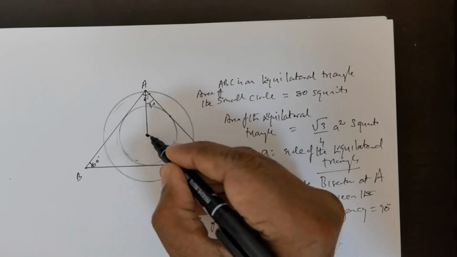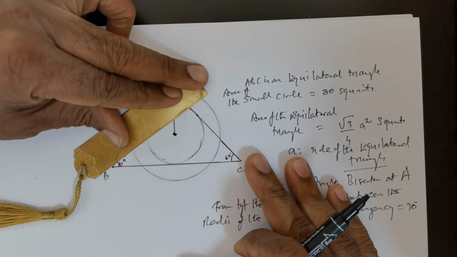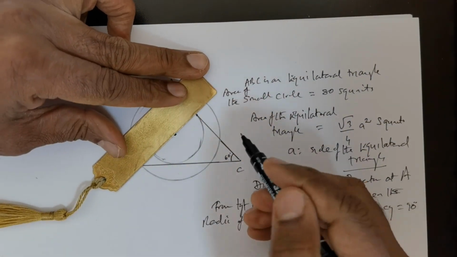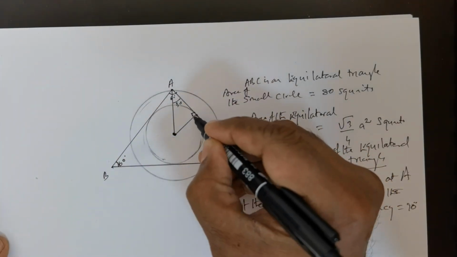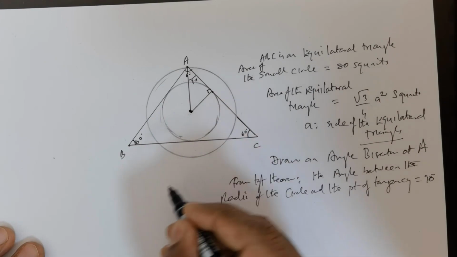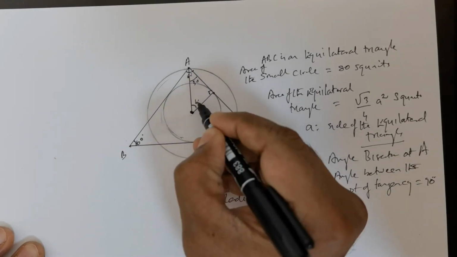So that means this is going to be 90 degrees. So let me connect that. Okay, so this is 90 degrees, this is 30 degrees, and 90 plus 30 is 120. So this is going to be 60 degrees.